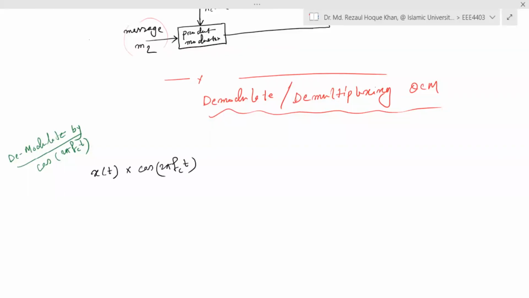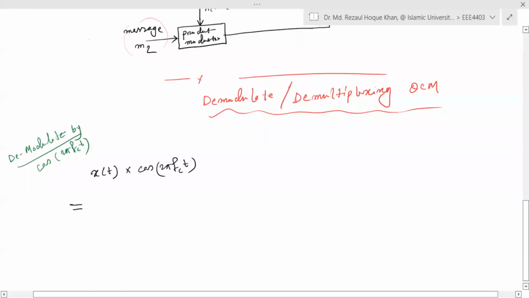If this is the case, then what is x(t)? x(t) is nothing but Ac m1(t) cos 2 pi fc t, minus Ac m2(t) sine 2 pi fc t.